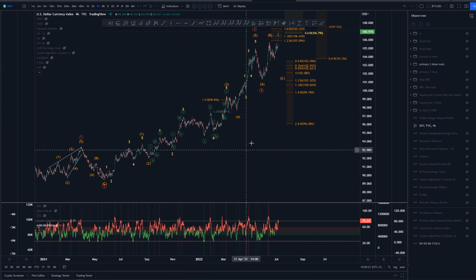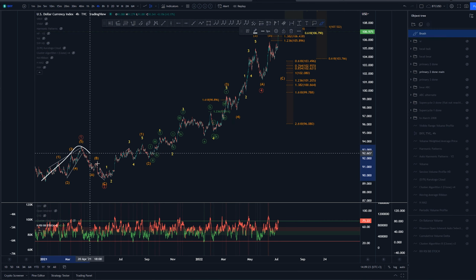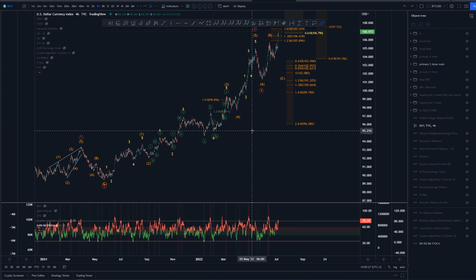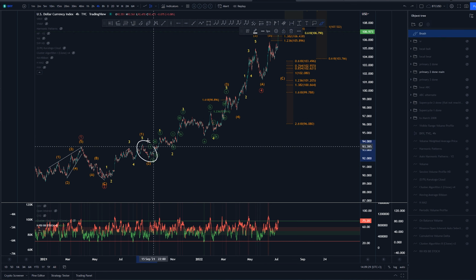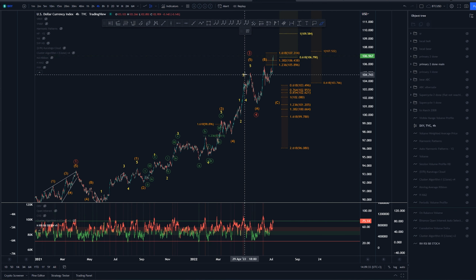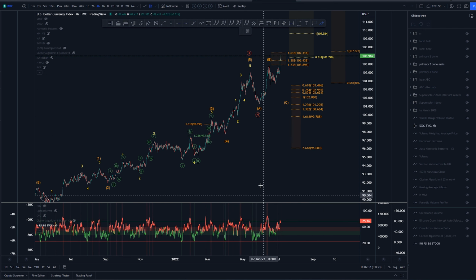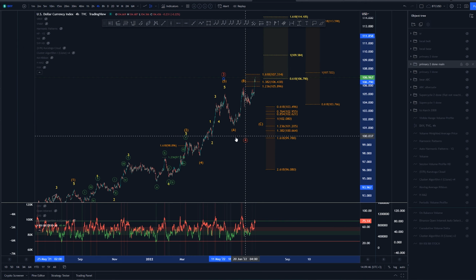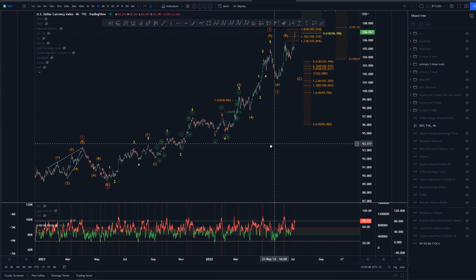The other scenario is that we have this as a 1, 2, 1, 2, 3, 4 and 5. At this point again we would have alternation between the 3rd and 4th. The 3rd would be very nice looking overall. Again, at this point we were expecting this to be an A, B, and C. That did not play out. So most likely, instead of being here the way before, we would have it here.